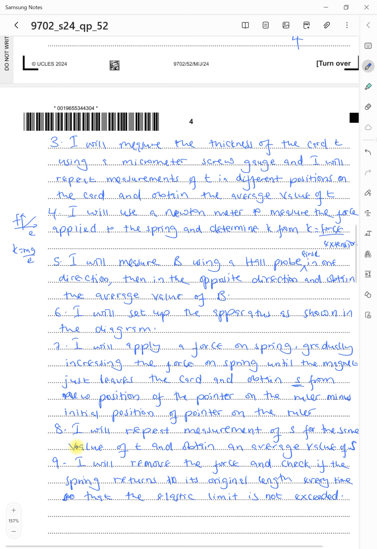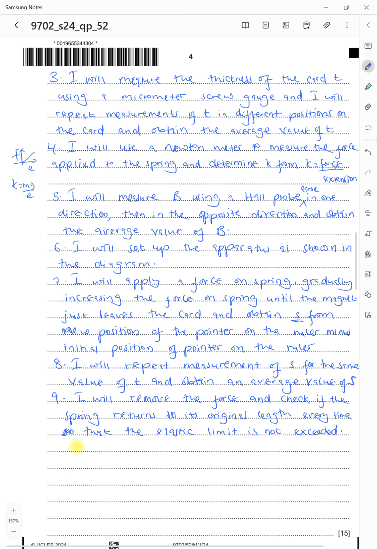Okay, so you have always to ensure that the elastic limit is not exceeded. So the only way you can do that is to remove the deforming force and see if the material goes back to its original length.